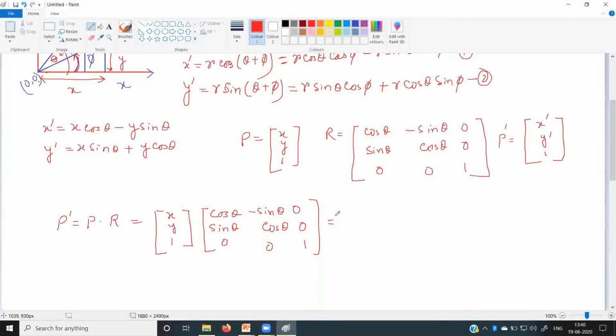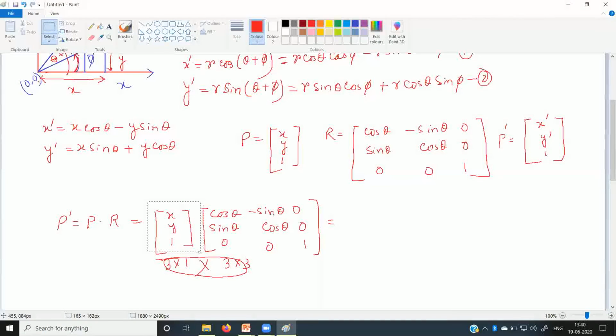If you multiply this, sorry, just a minute, I just wrote it wrongly. It will not be P dot R, it will be R dot P, because as you know, this is 3 rows 1 column and this is 3 rows 3 columns, so you can't multiply in this form. So we have to change the orientation.